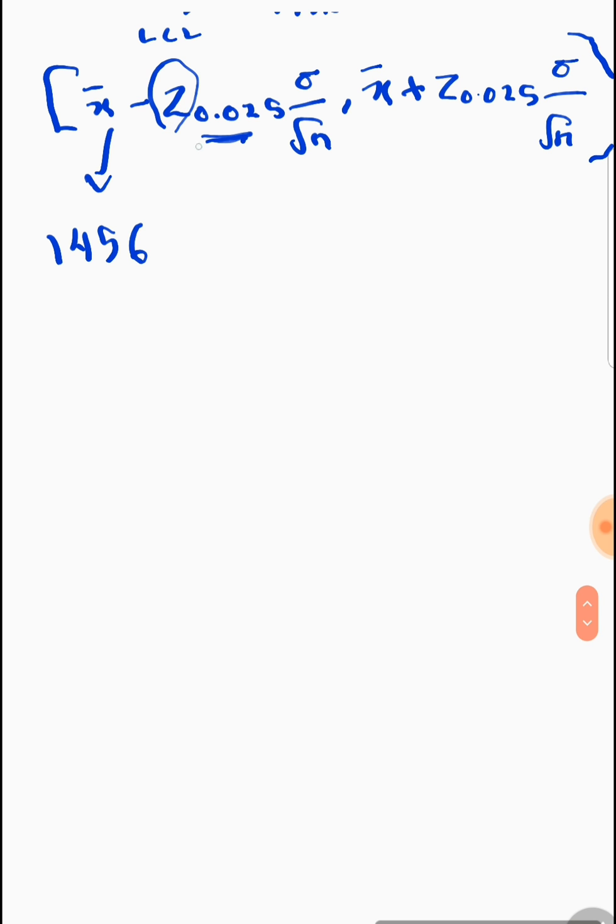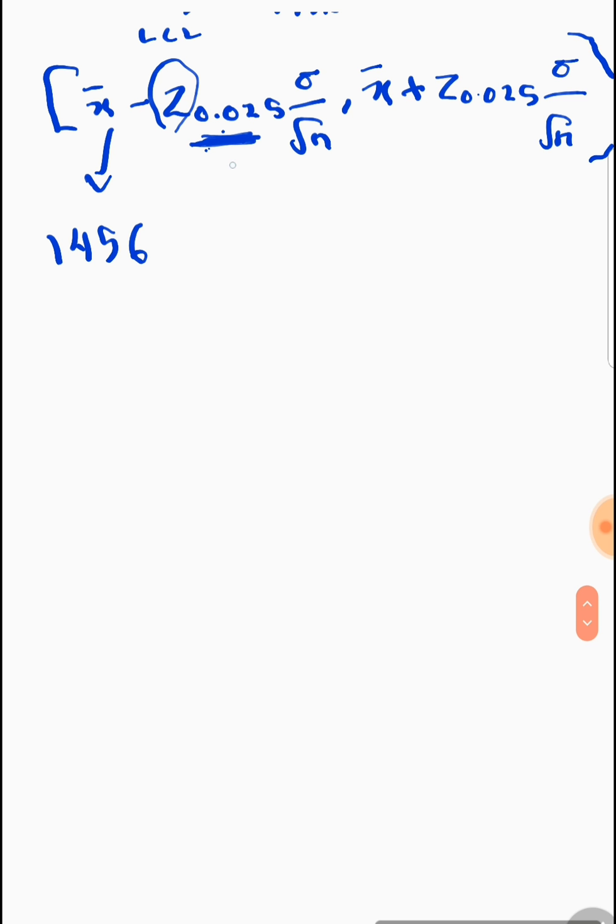And that is why you need to find from the normal table, the z table, in a reverse way, which means you work it out differently. Before this you were looking at the z value and then looking for the probability. Now you already have the probability of 0.025.